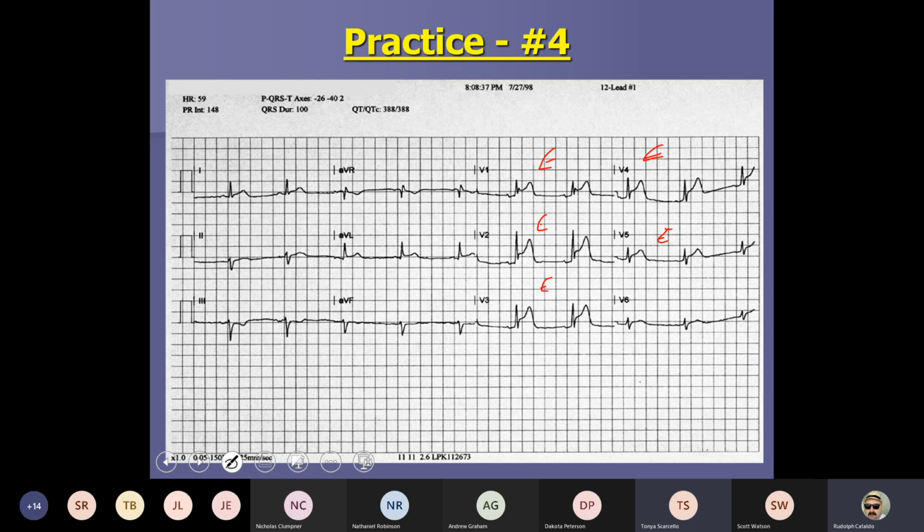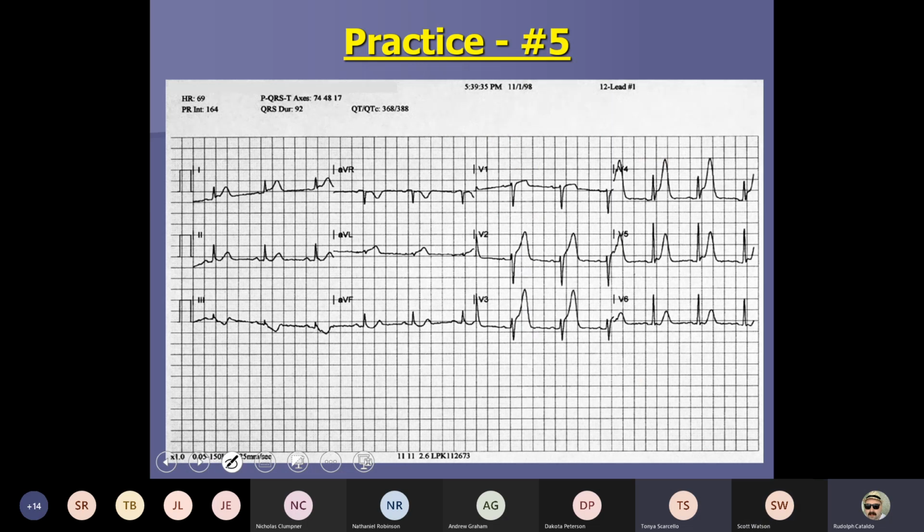So those leads that you mentioned, what part of the heart is that? Left or right side? Left. Okay. Looking at that picture that I had you guys all take a picture of, what part of the heart are those leads referring to? Mostly anterior septal. Yeah, I would 100% agree with that. Okay.